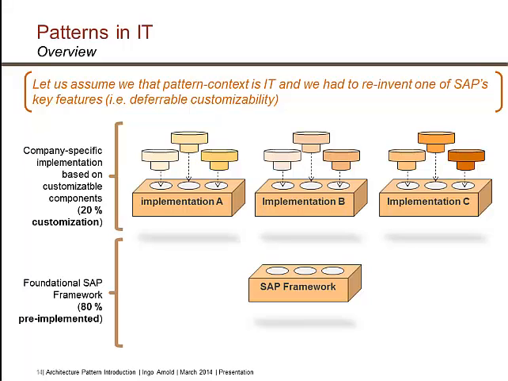The specific relationship between the aforementioned aspects is that the foundational framework pre-implements, let's say, 80% of any SAP installation, and that on this level, customization hooks are foreseen for any further implementation-specific adjustments.